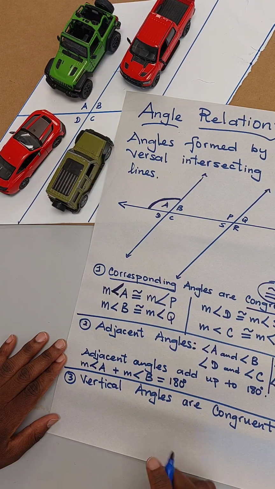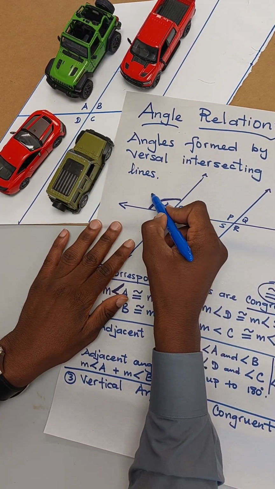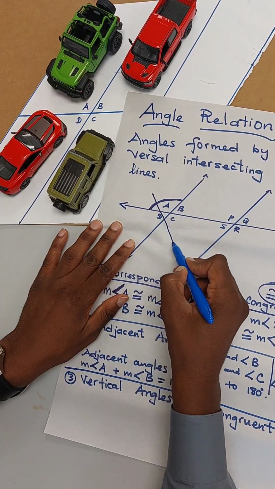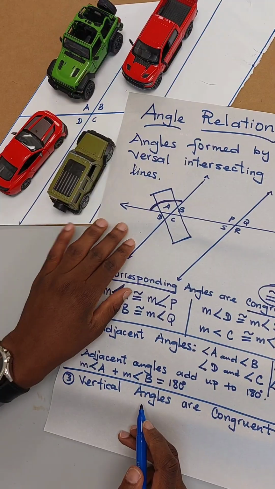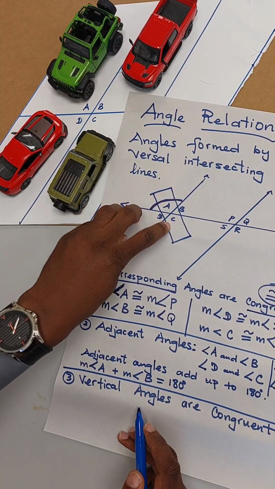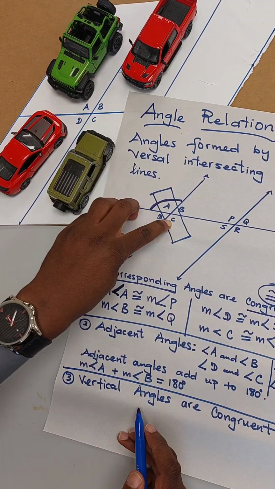When we look at the angles that are opposite, they will be straight across from each other. We see that the angle A is vertical across this intersection to the angle C.